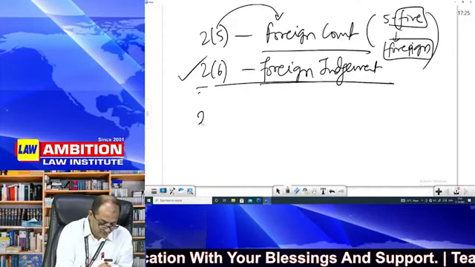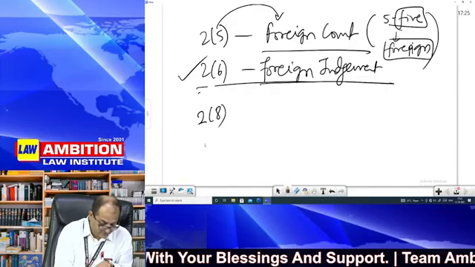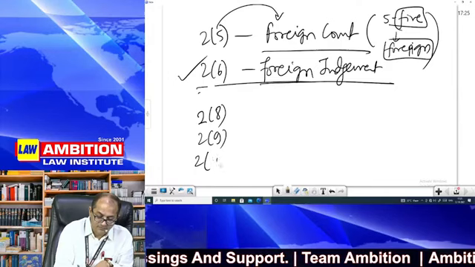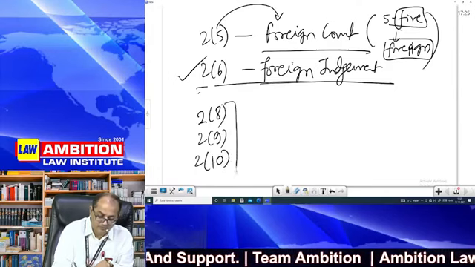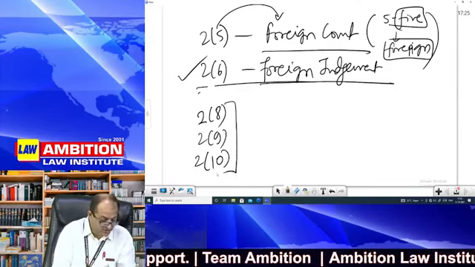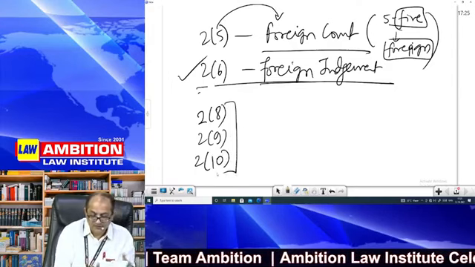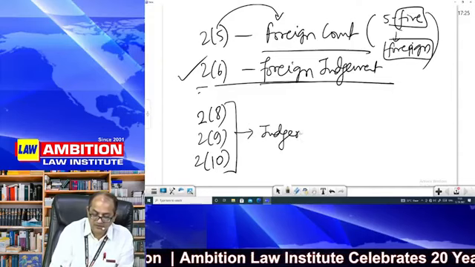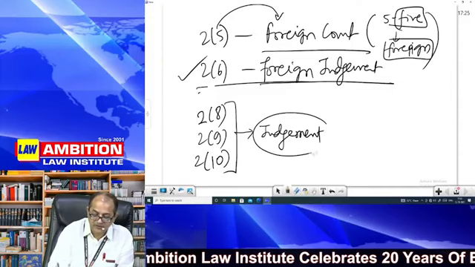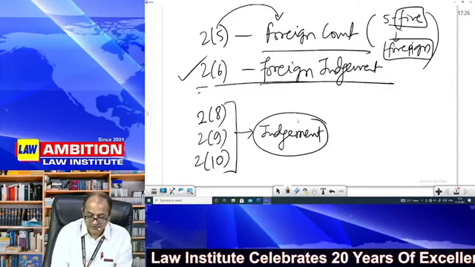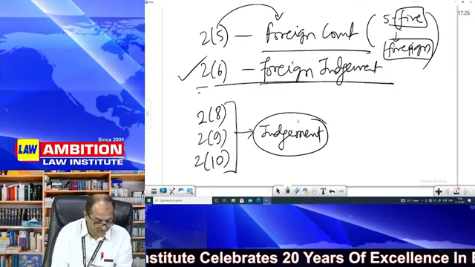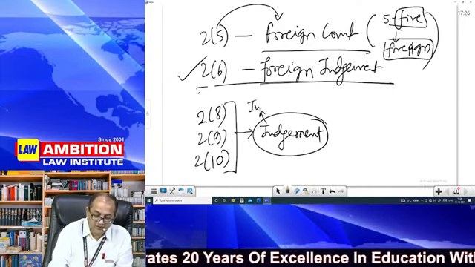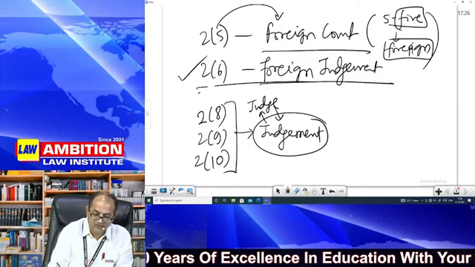This 2-8, 2-9, 2-10. This is important. This is all related to judgment. This is how you can make blocks to memorize things better. Judgment. So judgment will be given by judge. So first judge, then judgment. This is how you can remember.